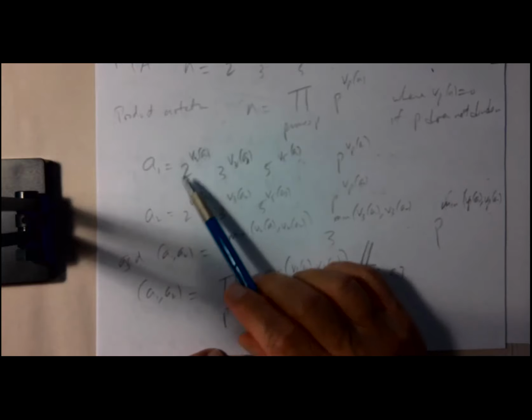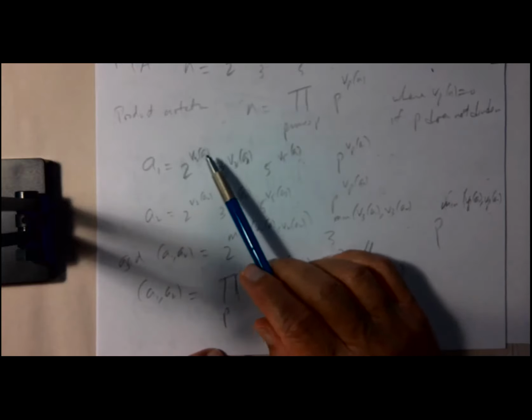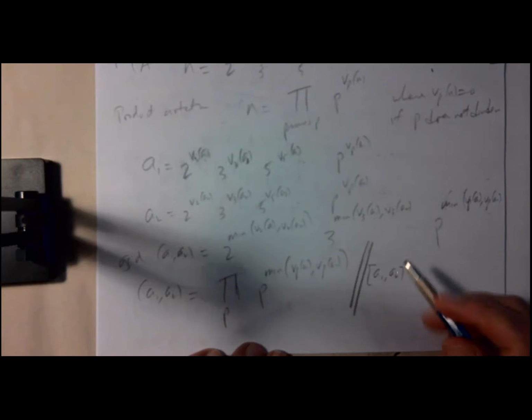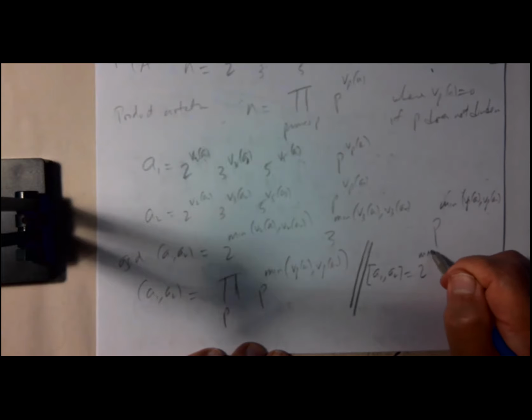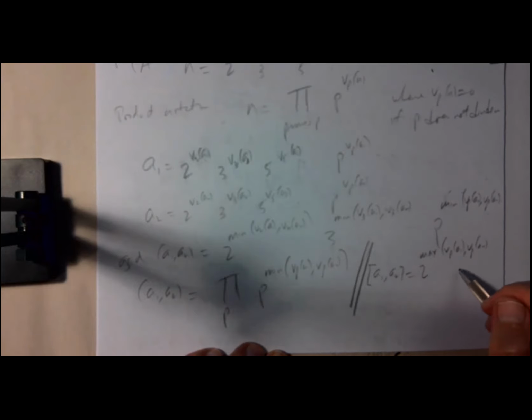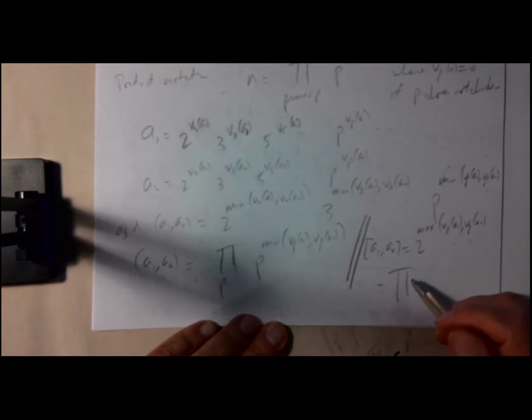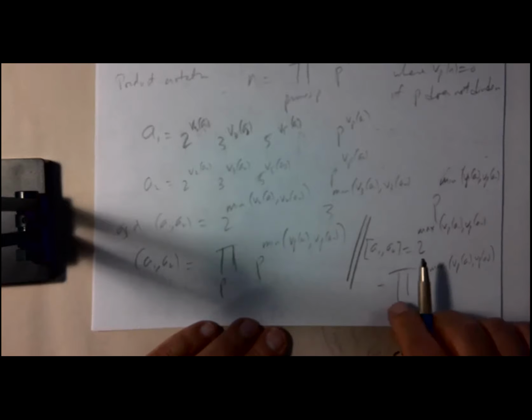Sorry, any number that A1 and A2 divide is divisible by both of these powers of 2, so it's divisible by the larger. This is like 2 to the maximum of VP of A1, VP of A2, and so on. We get this infinite product over all the primes P of P to the max of VP of A1, VP of A2.